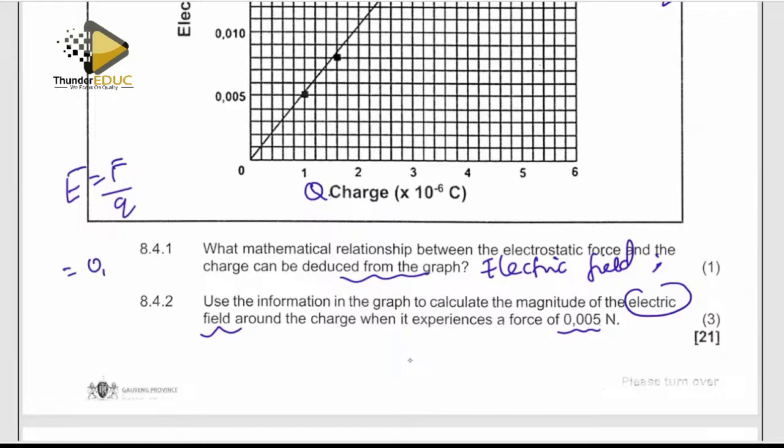So that's going to be 0.05 over the charge, which in this case is 1 times 10 to the negative 6. When I divide that, I'm getting 5,000. Okay, this is Newton per coulomb.